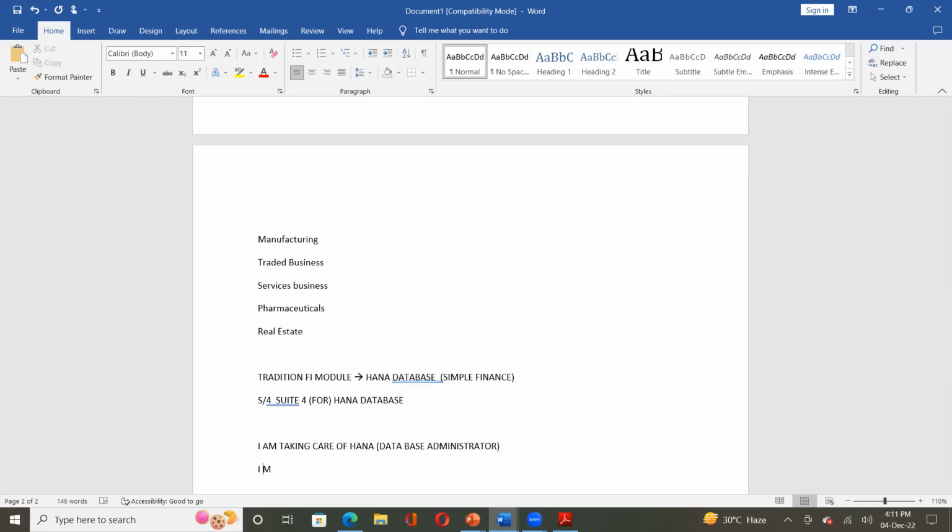If someone says, I'm good at S/4HANA, what does it mean? Not the back-end database work, it's the module components. It could be FICO, it could be MM, PP, or whatever different modules there are.